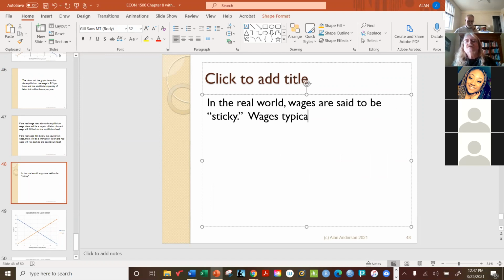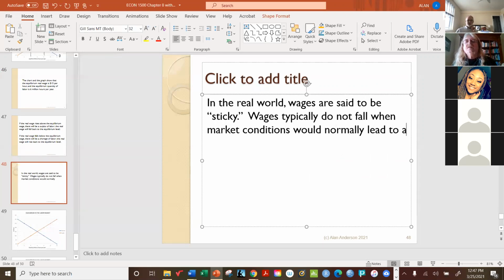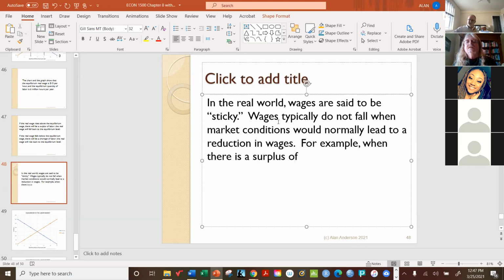wages typically do not fall when market conditions would normally lead to a reduction in wages. For example, when there's a surplus of labor, wages tend not to fall.